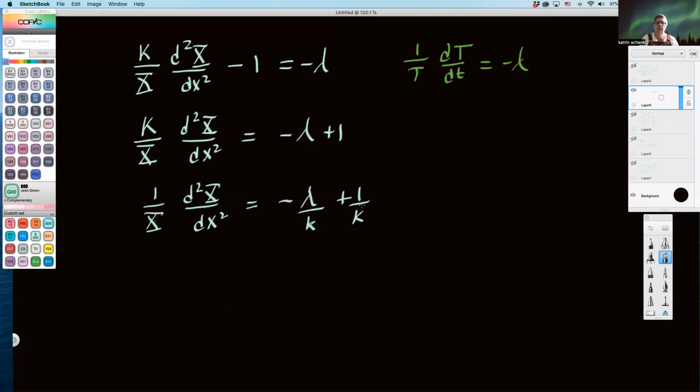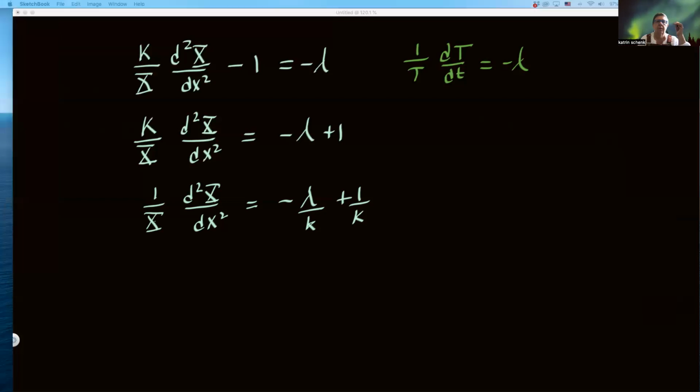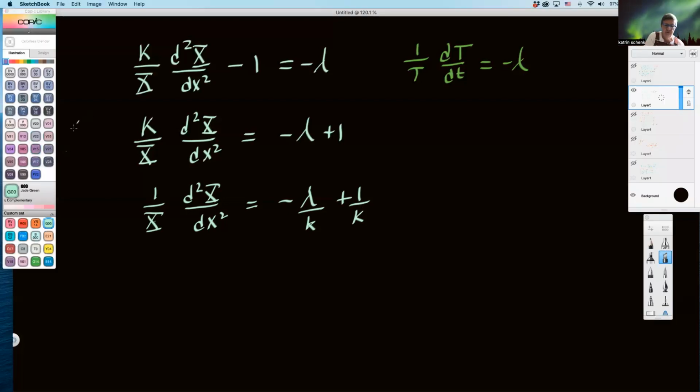Now if we look at WebAssign, which I can't share with you right now, but if you go look at problem 2 in the chapter 12 homework, what you're going to see is that the first condition they put forth is lambda minus 1 over K equals 0. Let's do that in different colors so we keep our colors for the different conditions.